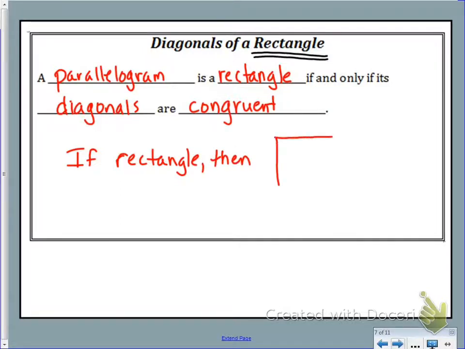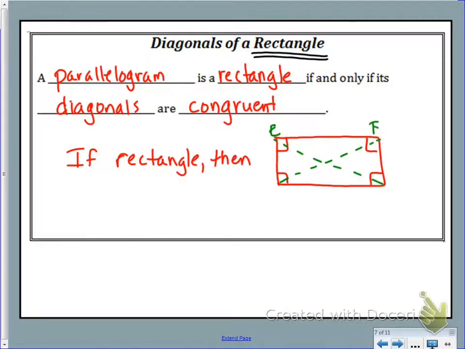So if we have a rectangle, it's a parallelogram with right angles. If we have a rectangle, then we know the diagonals are going to be congruent to each other.